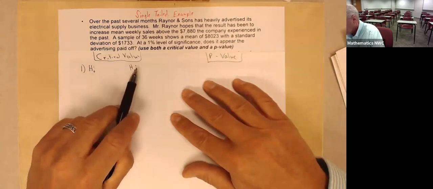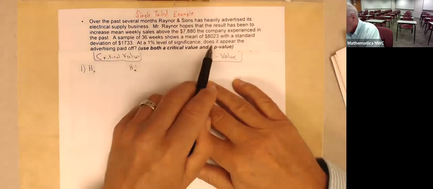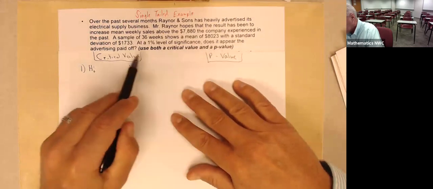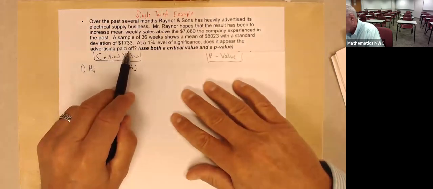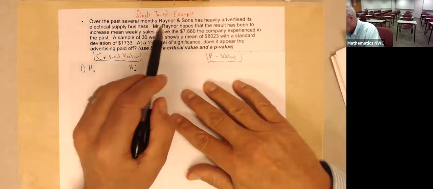If you recall, in our elements of the hypothesis test, for a single tail test, we make the alternative what I'm trying to show. I'm trying to show that the advertising has paid off. What I'm trying to show is that the mean is now above 7880.